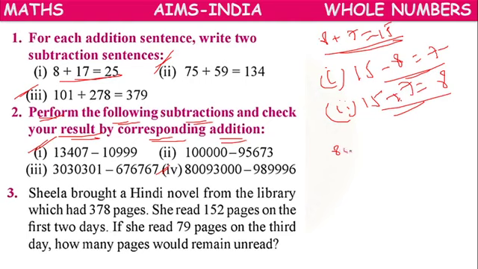Fourth one, 8009300 is there, minus, so this number, 1, 2, 3, 4, 5, 6 digits are there. So 1, 2, 3, 4, 5, 6, 9, 8, 9, 9, 9, 6.